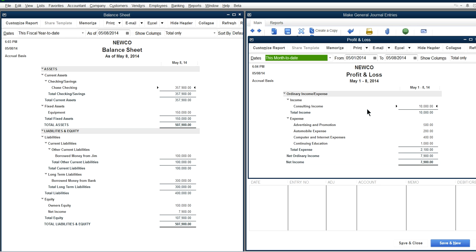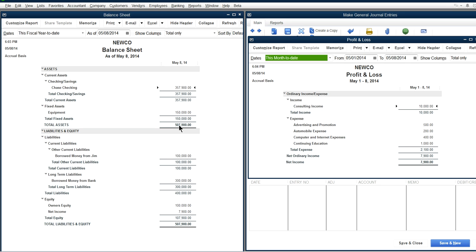As you can see here, your consulting income is $10,000, and you spend money on these items, and the income is 7,900. As you can see here, 7,900, it goes to your equity account here. It goes from here to here, and it's balanced.